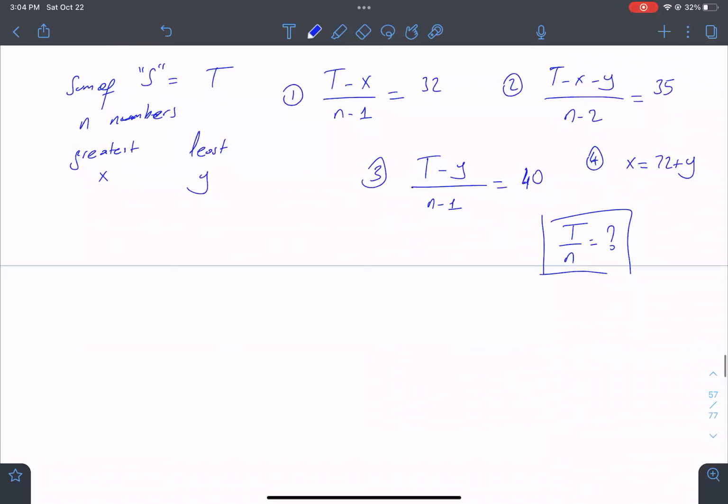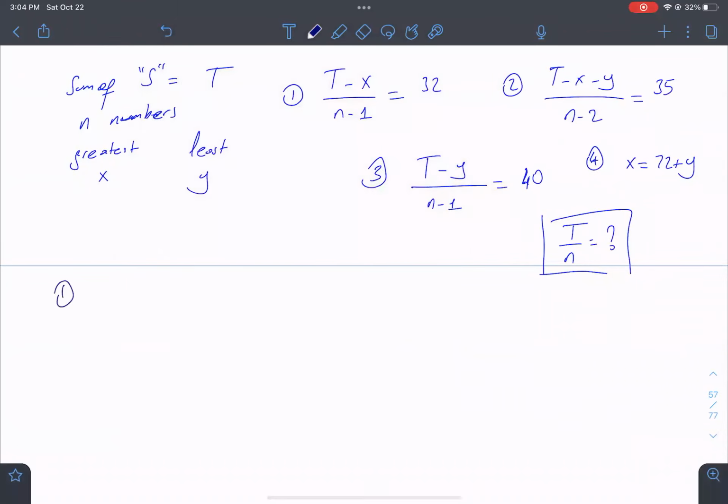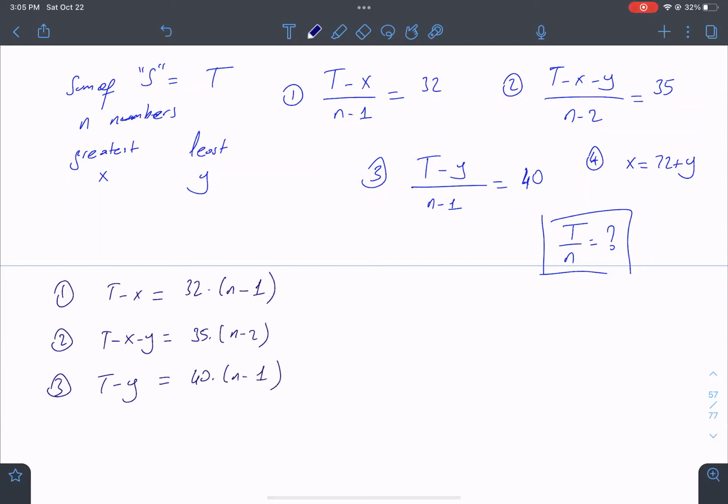First of all, let's cross multiply and write each equation. Number 1: T minus x is equal to 32 times (n minus 1). The second equation: T minus x minus y is equal to 35 times (n minus 2). The third equation: T minus y is equal to 40 times (n minus 1).